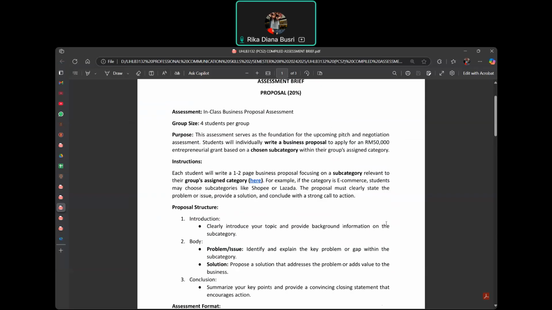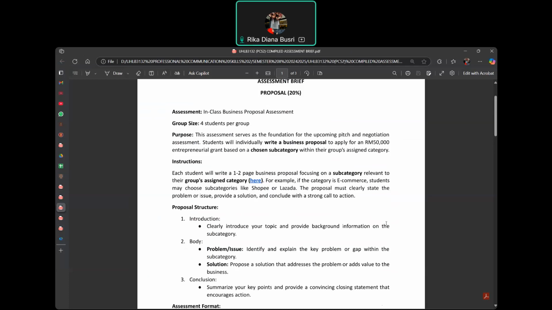And my answer, in case it is not in your class WhatsApp, was a maximum of 3 problems. Okay, maximum of 3 problems. So yes, how long is the proposal? Maximum of 2 pages.